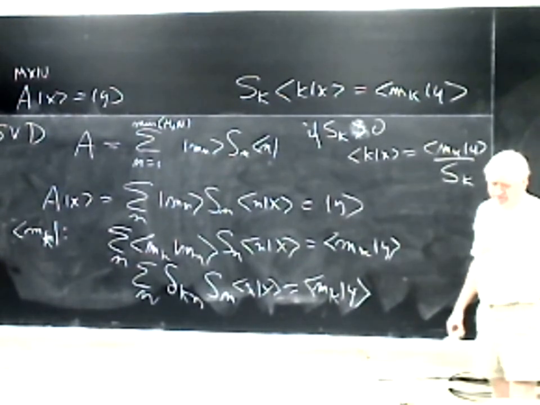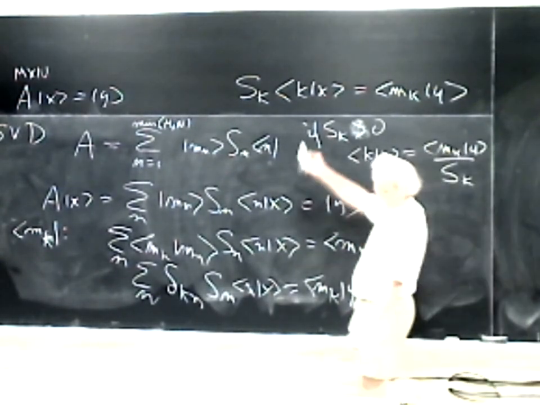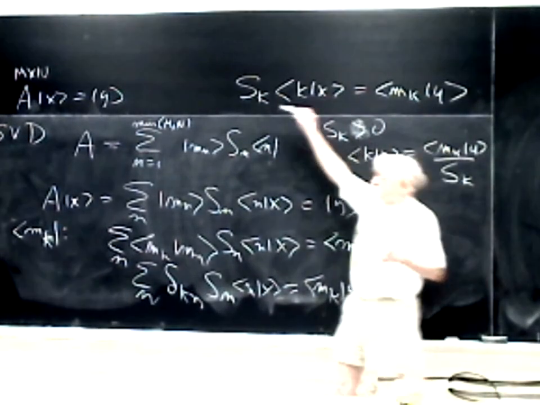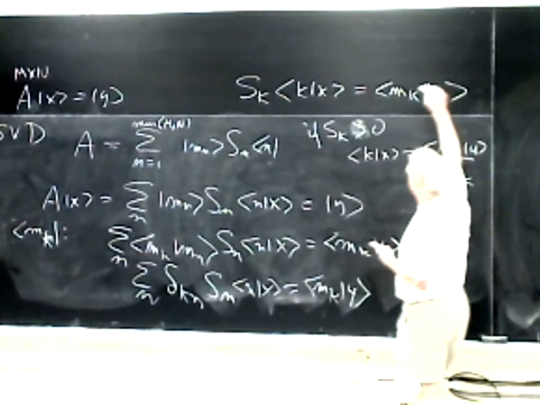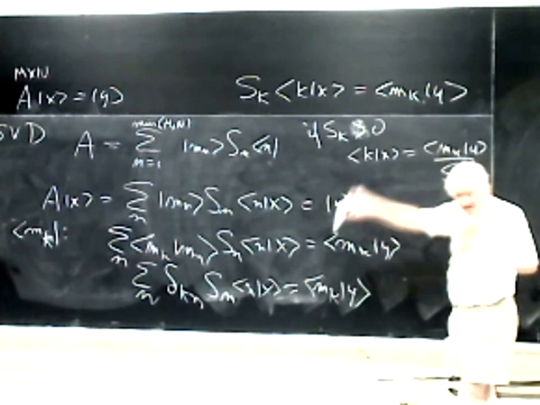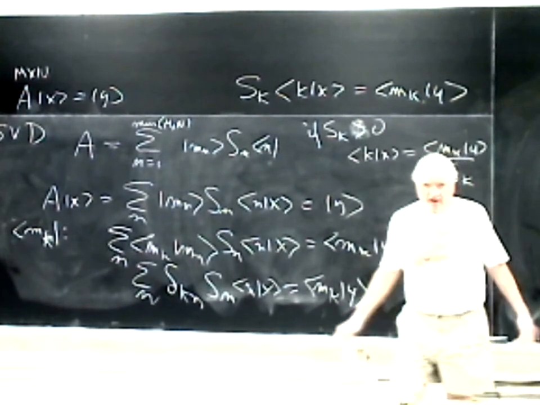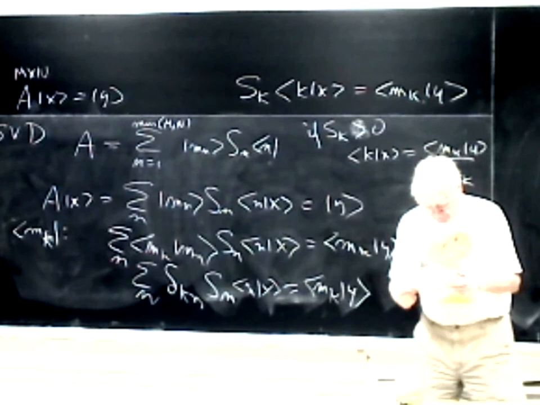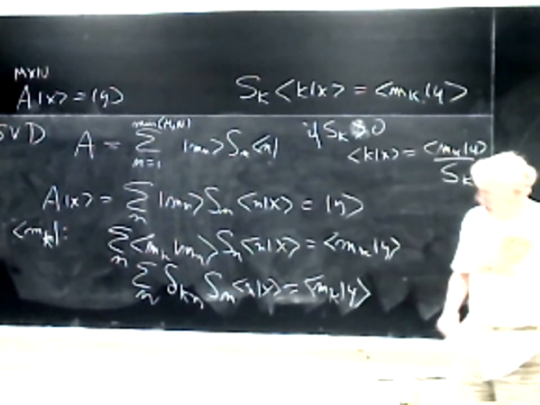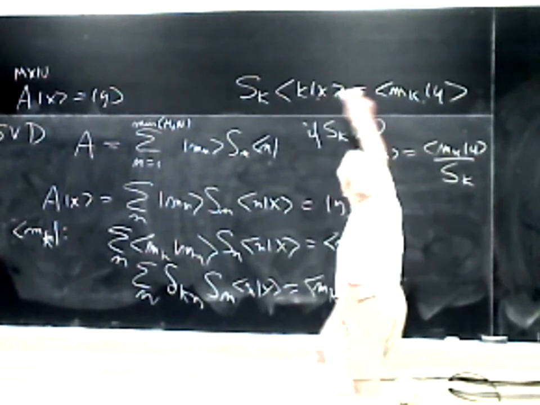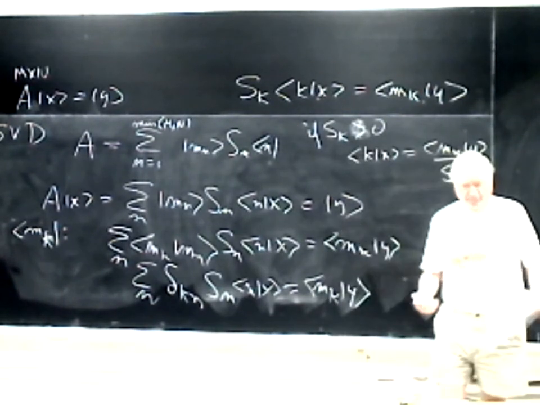On the other hand, if there's a value of k such that the singular value is 0, but this matrix element is non-zero, then there's no solution. You can't have a solution. You have to divide by 0. Or equivalently, there's no way you can take 0 times something and get something finite.